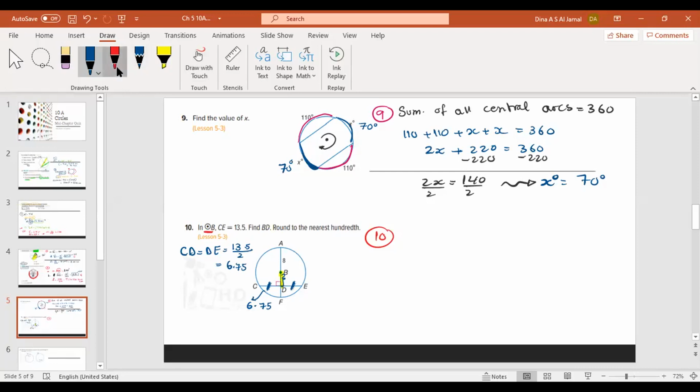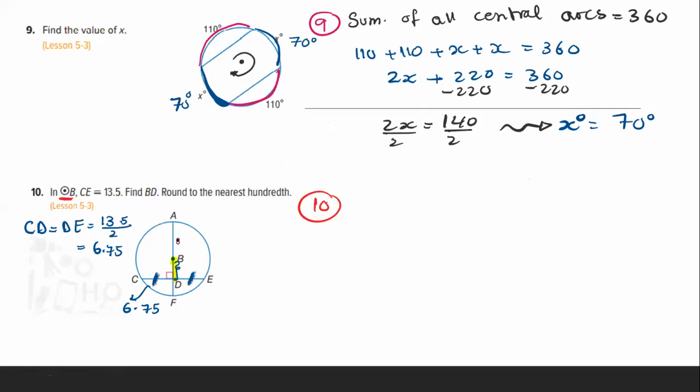What if we used the Pythagorean theorem? Let me just make it bigger. What if I use the property of a right angle triangle?